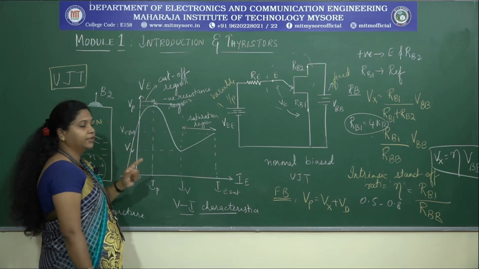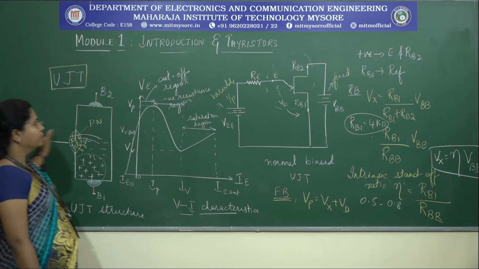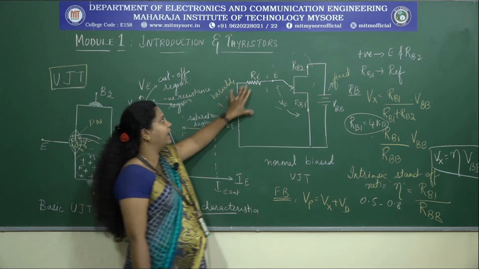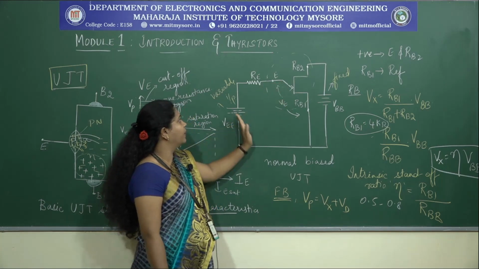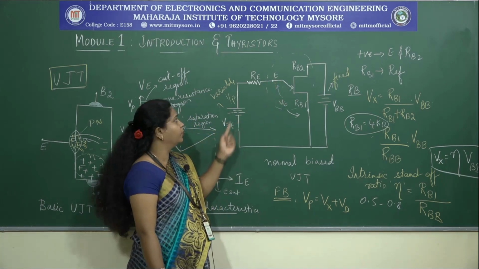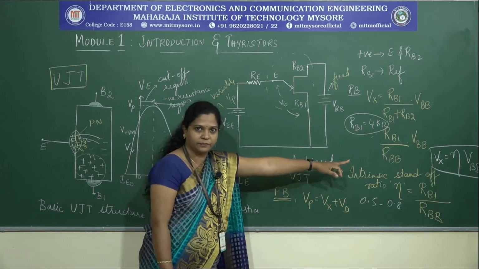At a point till where? Till you apply a potential, that is VEE applied across the emitter. Till the point when this voltage applied, VE, is less than the Vx.